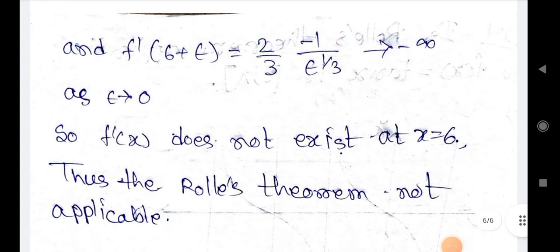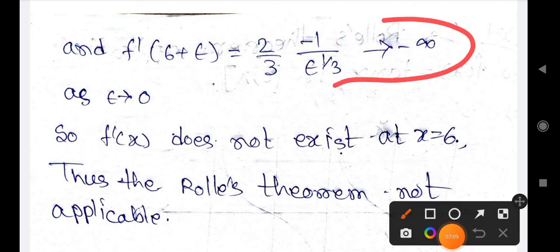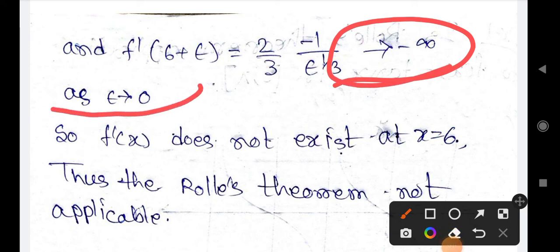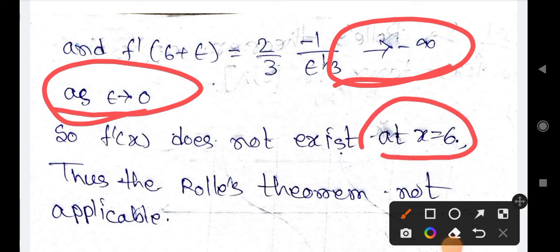And f'(6 plus epsilon) equals 2 by 3 into minus 1 by epsilon to the power 1 by 3, which tends to minus infinity as epsilon tends to 0. So f'(x) does not exist at x equals 6. Thus Rolle's theorem is not applicable.